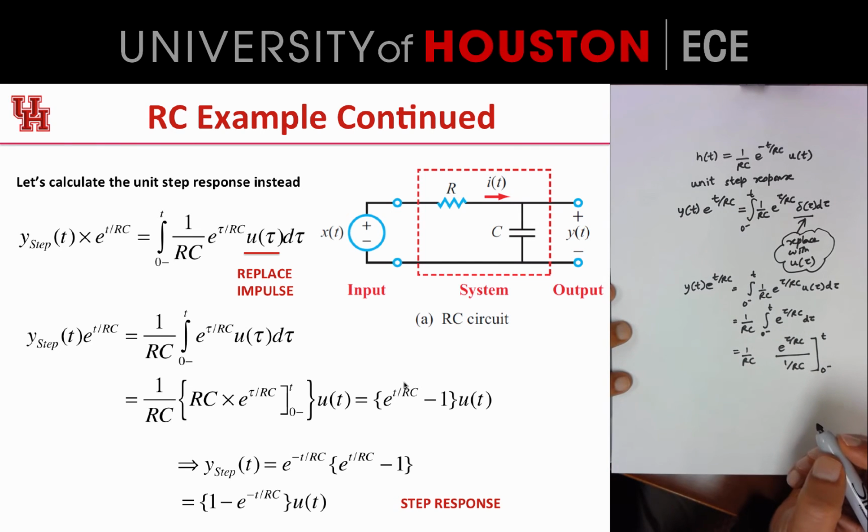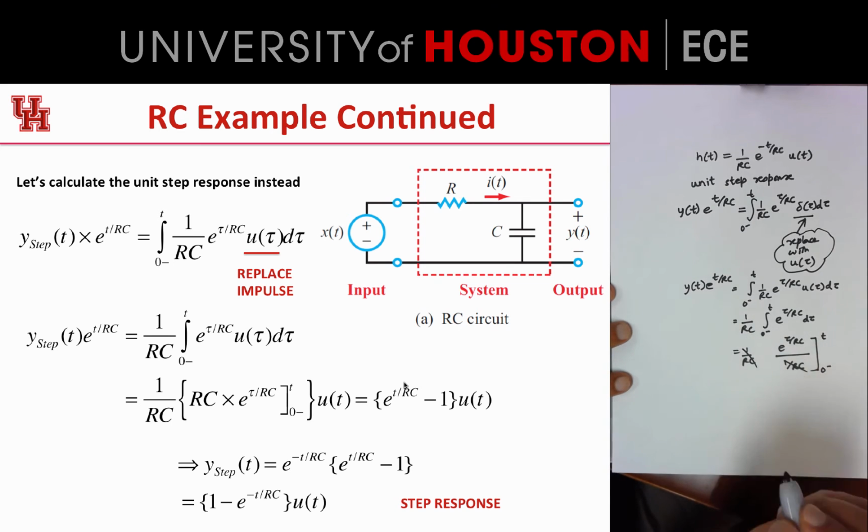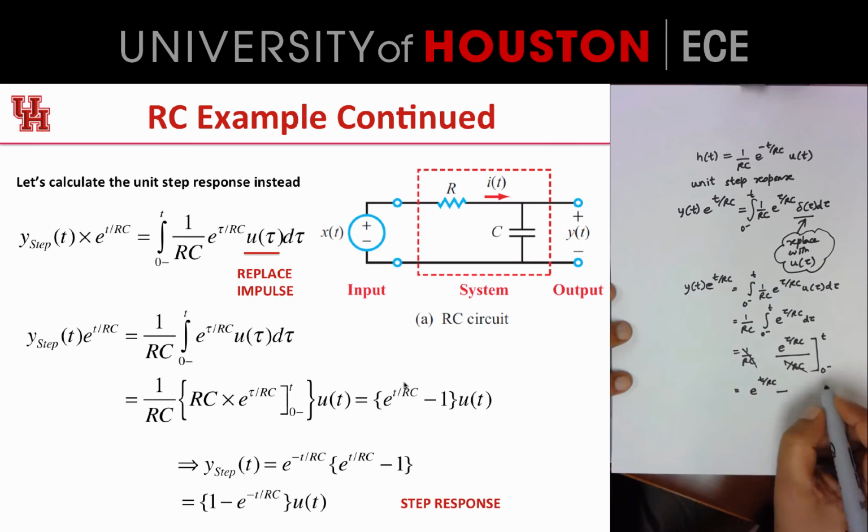So I can pretty much cancel this. So this is equal to e to the t over RC minus, when you stick in 0 minus here, it's essentially 0, e to the 0 is just 1, so you just get a 1.